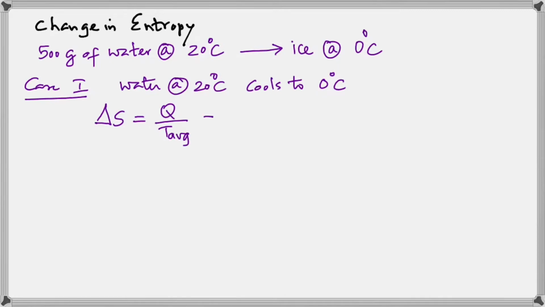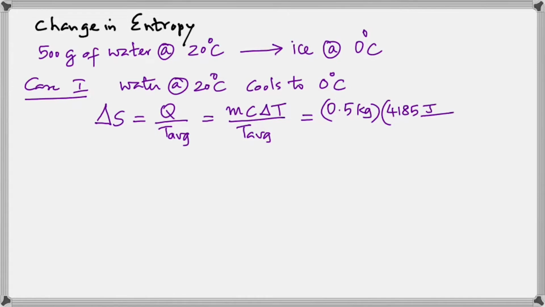Yes. And Q is m c delta T, like we say it, isn't it? So by the average temperature. Okay, so what's the mass? 0.5, because it has got to be in kilograms. The specific heat of water will be given, 4,185 joule per kilogram Kelvin, times the change in temperature. It's always final minus initial.